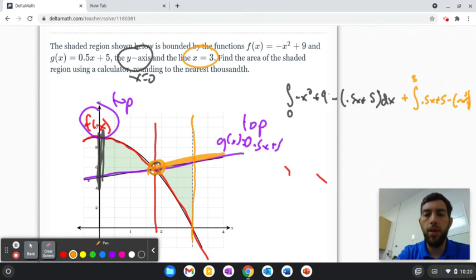We are going to need to know this limit though, right? To find that limit, I'm going to plug in the 2 functions. I think probably the least confusing thing to do is to plug in negative x squared plus 9 into y1, and then 0.5x plus 5 into y2.